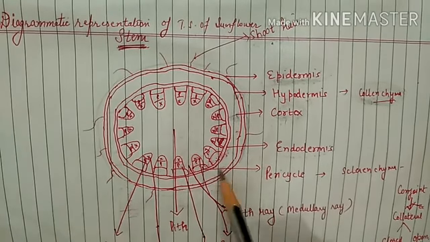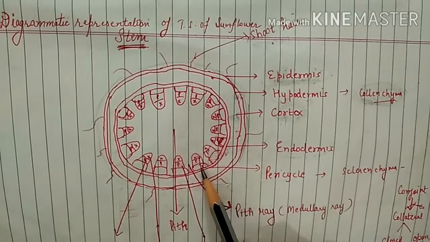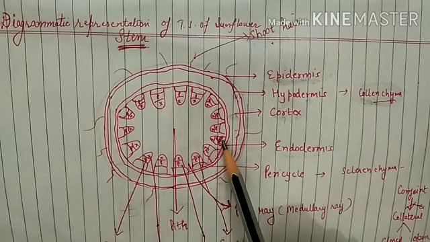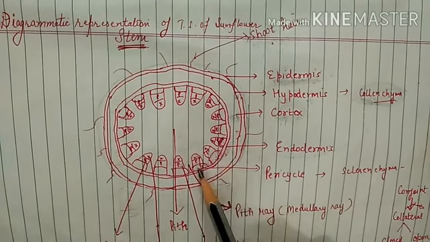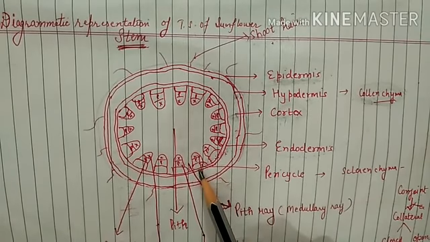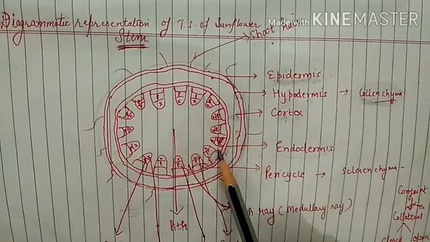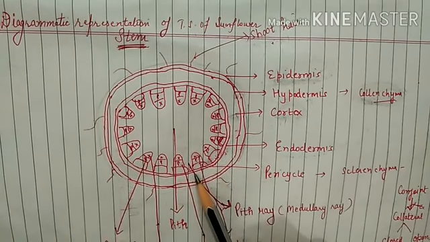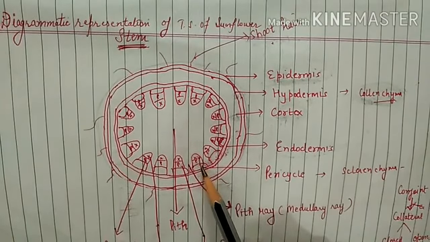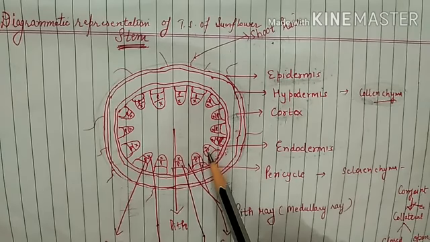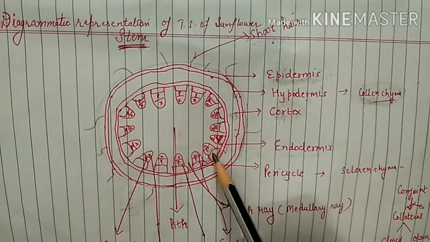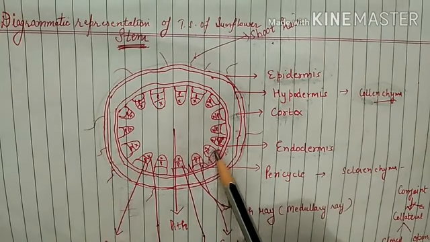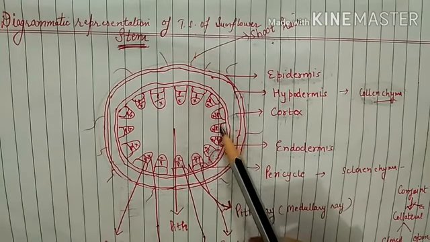Then next to endodermis is pericycle. This is the pericycle you are observing here. Pericycle is observed in semilunar patches, and it is just above the phloem. So this is the phloem, and just above the phloem, the pericycle is found in semilunar patches.